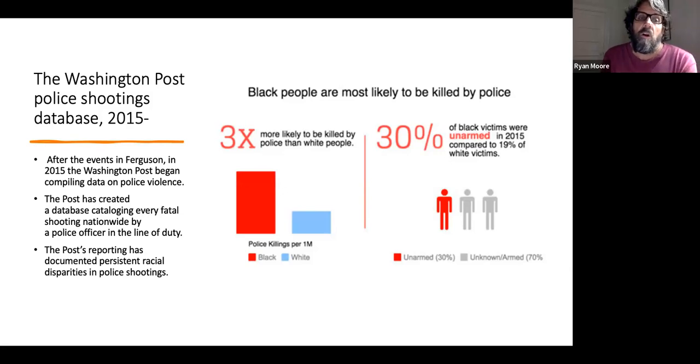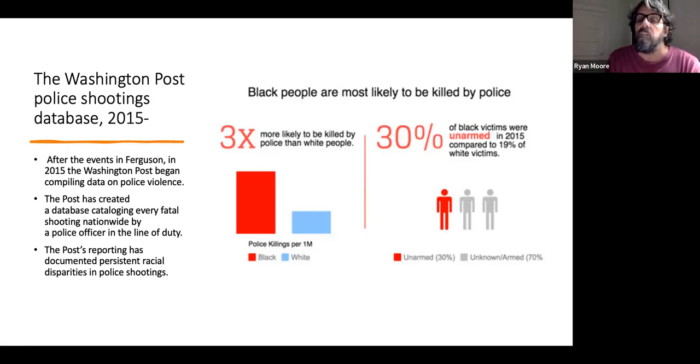And so the Post basically creates this database that catalogs every fatal shooting nationwide by a police officer in the line of duty. And the Post's reporting has documented persistent racial disparities in police shootings, right? So something that we all kind of knew, but we didn't have the exact data or the exact numbers to prove.